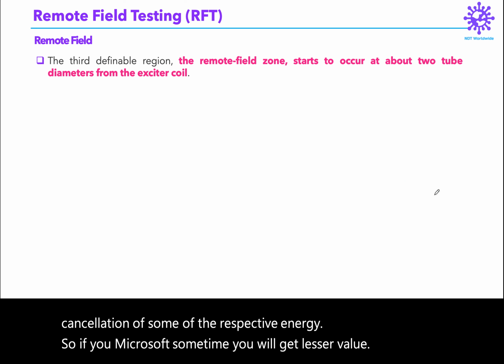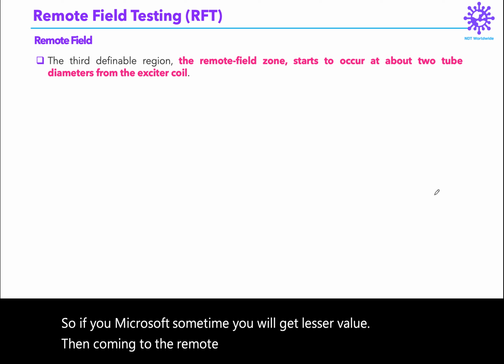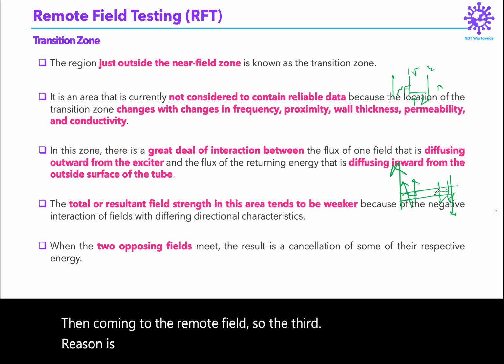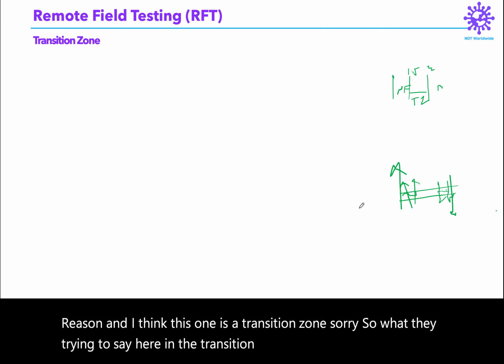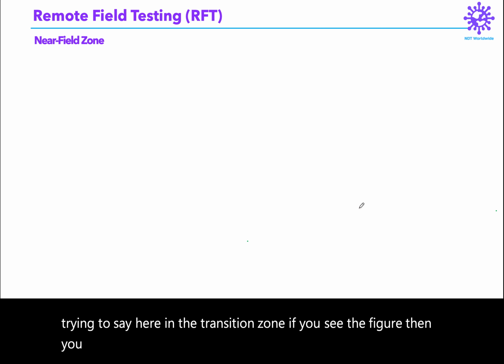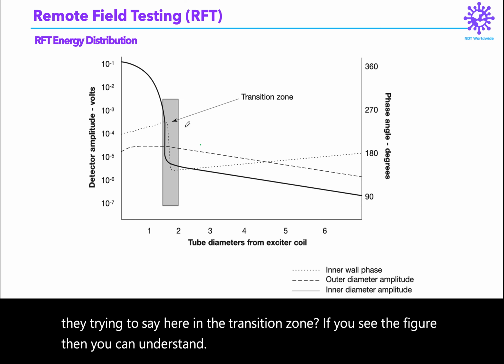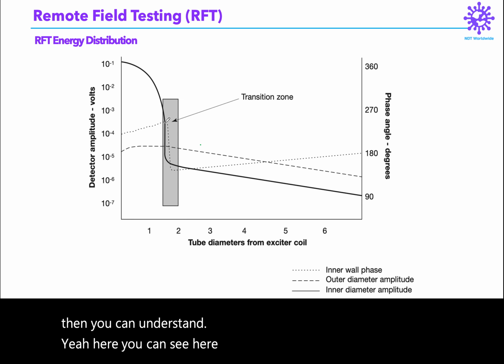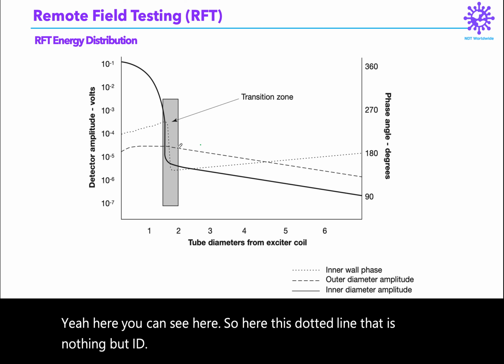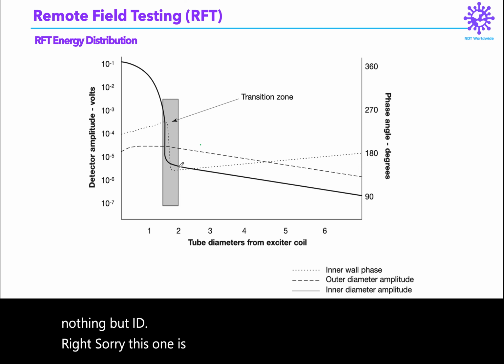Then coming to the remote field, the third one is the transition zone. What they're trying to say here in the transition zone, if you see the figure, you can understand. Here this dotted line is nothing but the ID, and this one is the OD.